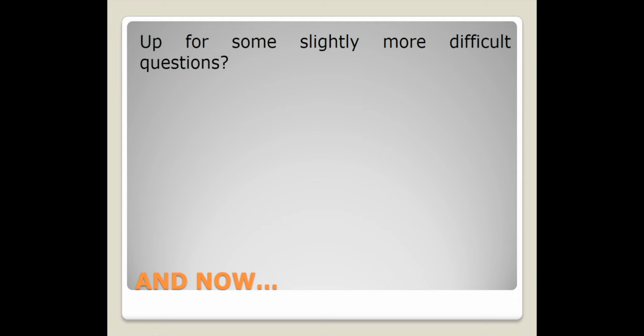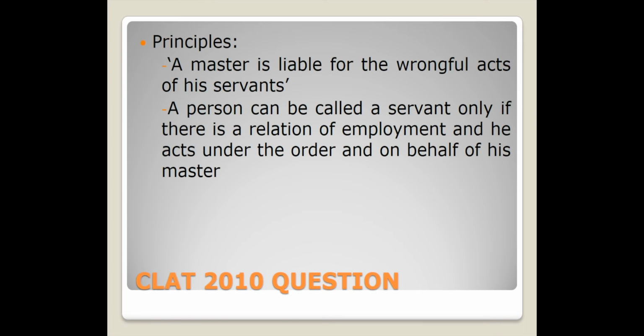Now, let's discuss some more questions which are from previous years' CLAT papers. In this question, the principles are: a master is liable for the wrongful acts of his servants. Second principle: a person can be called a servant only if there is a relation of employment and he acts under the order and on behalf of his master.